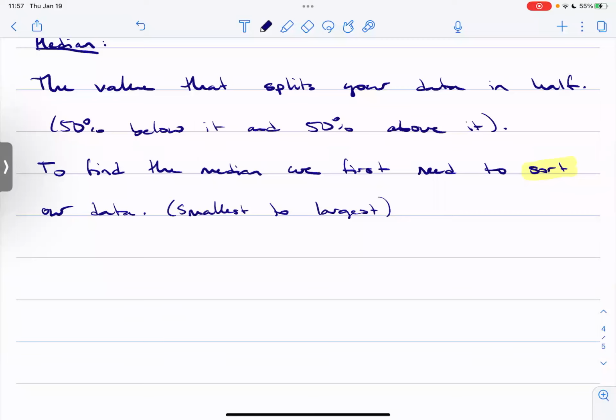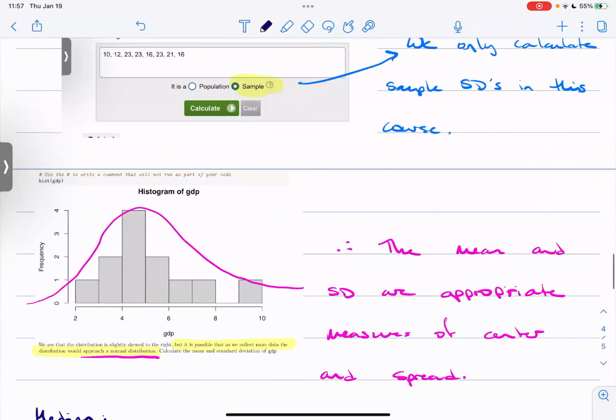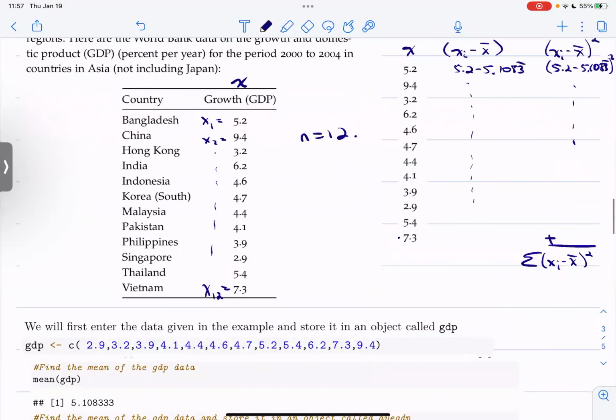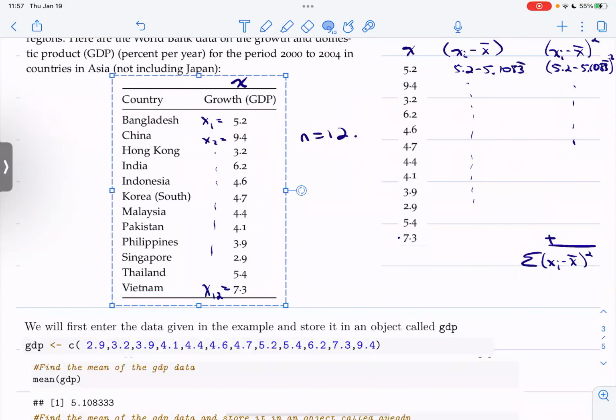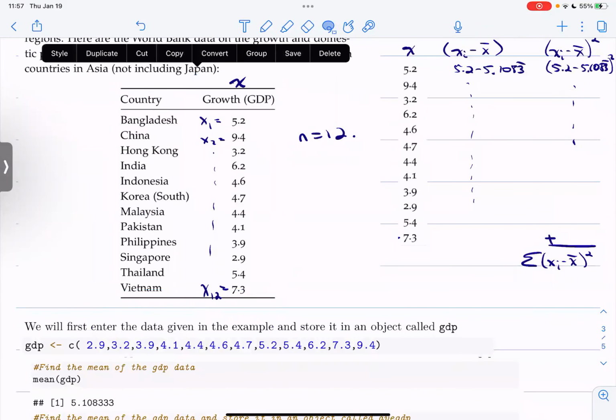So again, I want to use that GDP data just as a data set that we can manipulate. I'm going to grab this.